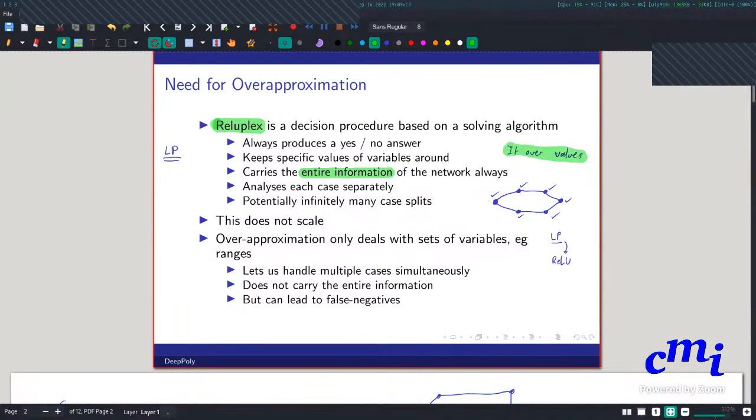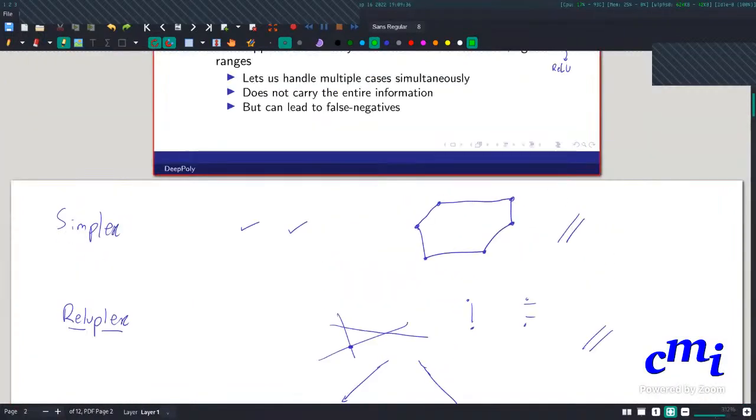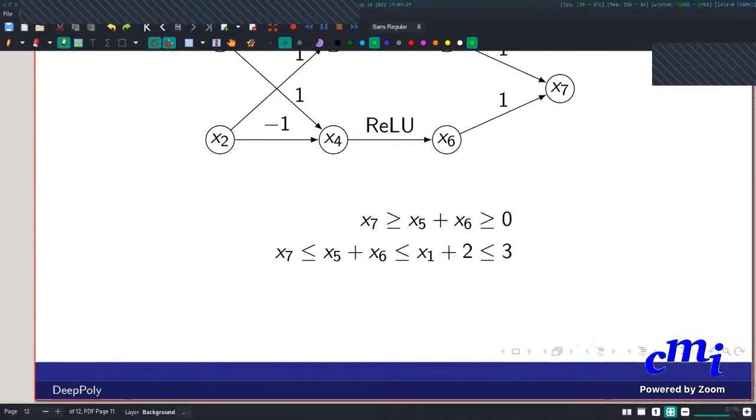And the other thing that ReluPlex needs to do, whenever it needs to do a case split, is that it's essentially analyzing each case of the ReLU separately, right?